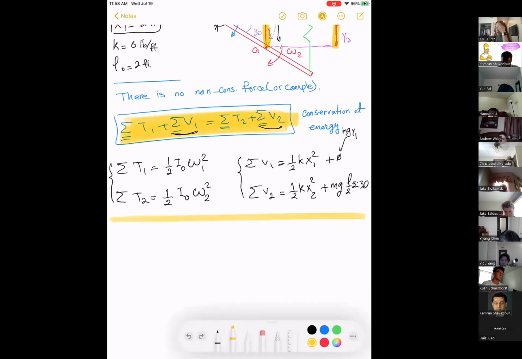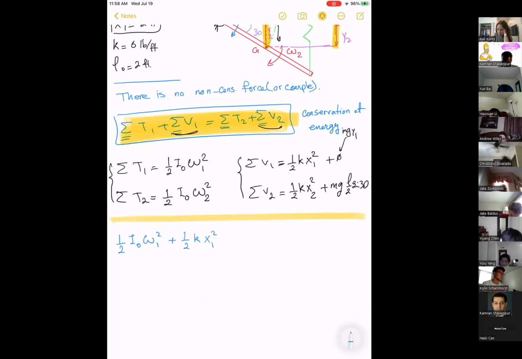Let me write it down and calculate IO: half IO omega 1 squared plus half K x1 squared equals half IO omega 2 squared plus half K x2 squared plus mg L by 2 sine 30.